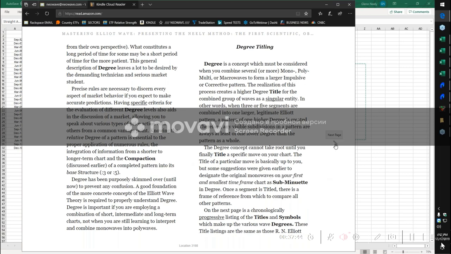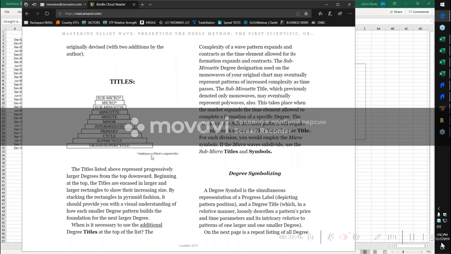Now, as far as degrees are concerned, the best way to manage that is just to begin from your largest time frame, and whatever is the largest possible pattern you can make, the largest individual waves that are not where there's one still unfinished, I would call that grand supercycle degree. It might be a yearly chart, 2.5-year chart, 6-month, whatever is the largest time frame you can put together.